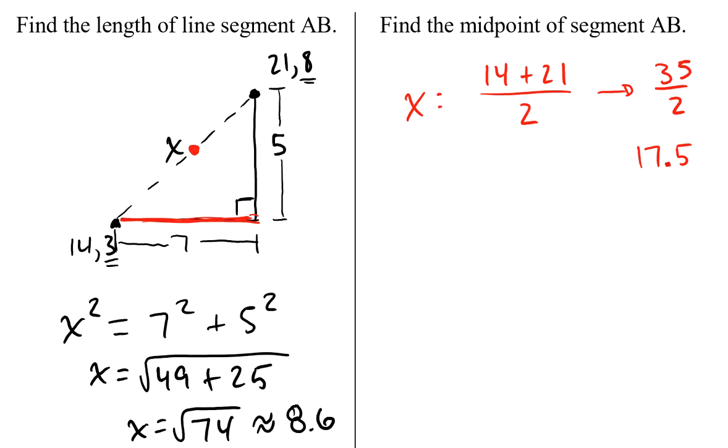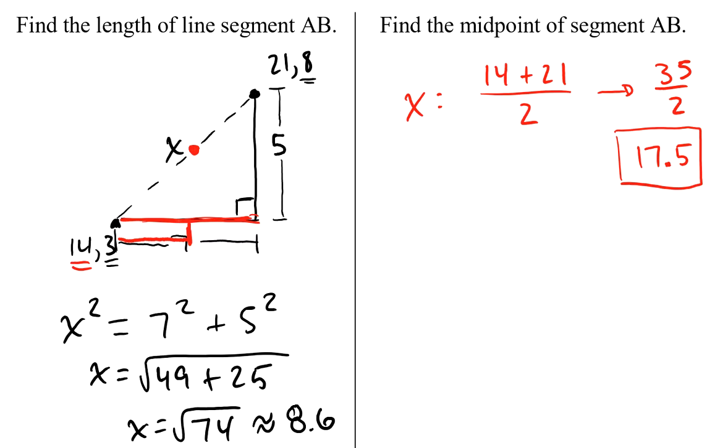So if you think about that, yeah, I have to start at 14 for x, and I'm going to move 3.5 units over. And 14 plus 3.5 is indeed 17.5. So I know my x value is 17.5 at the midpoint.